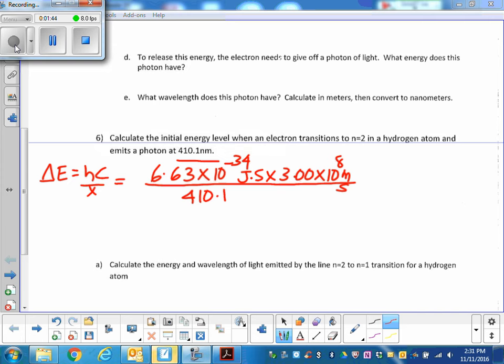Can I have my lambda in nanometers in this problem? I should have it in meters, so it's times 10 to the negative 9 meters. Now my seconds will cancel, my meters will cancel, and my final answer will be in joules. So let's plug it into the equation and solve.